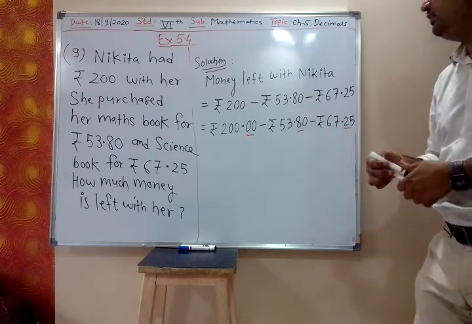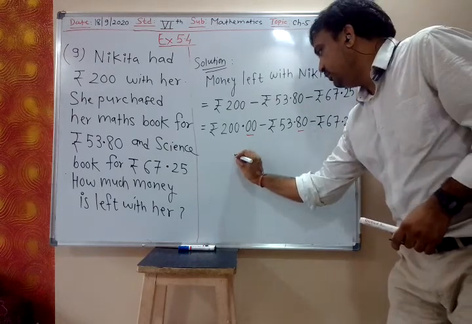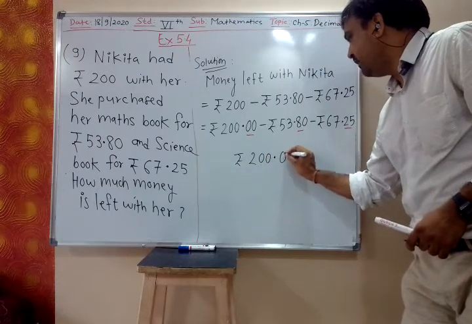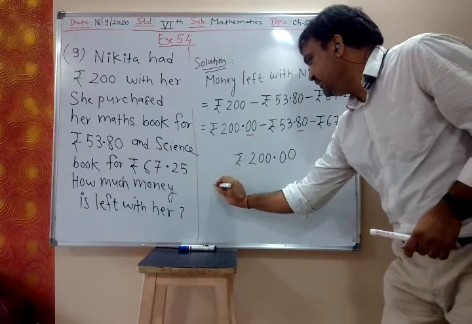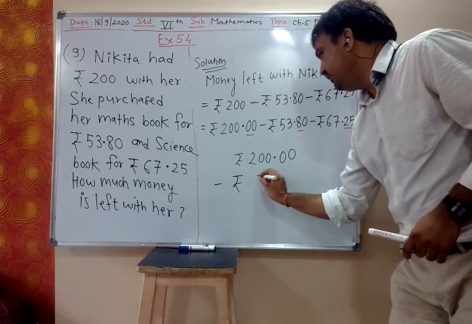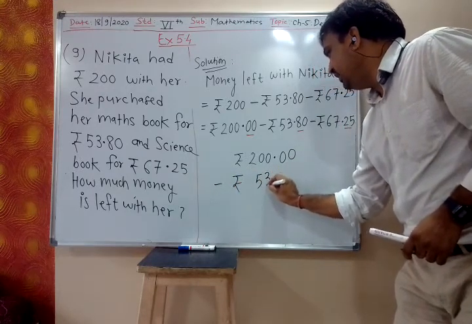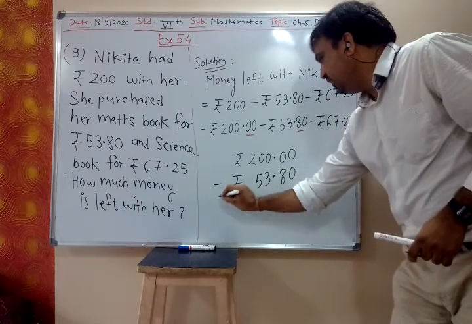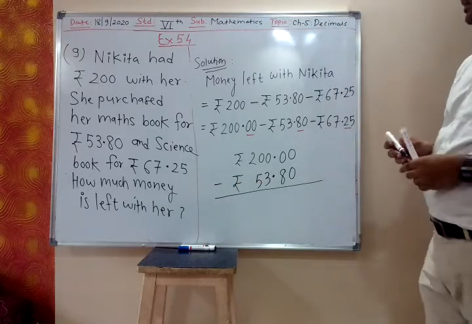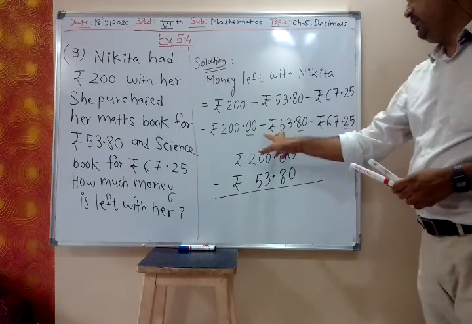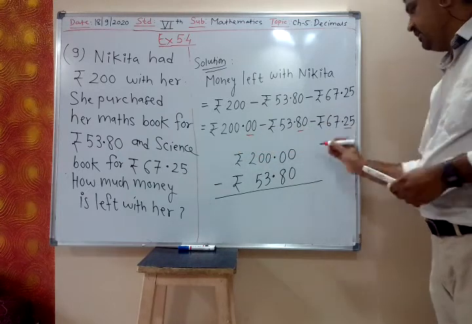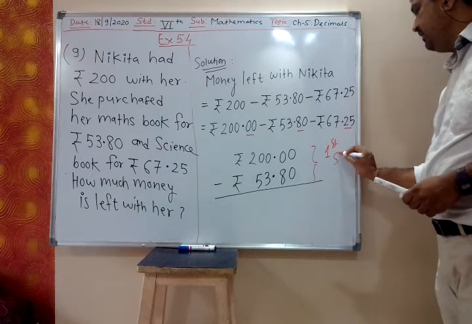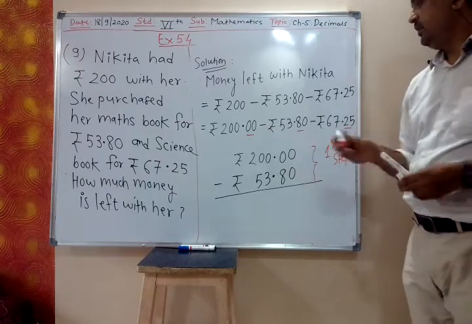We write rupees 200.00, then minus rupees 53.80. Now let us subtract. This is my first step. In the first step I will subtract the first two.